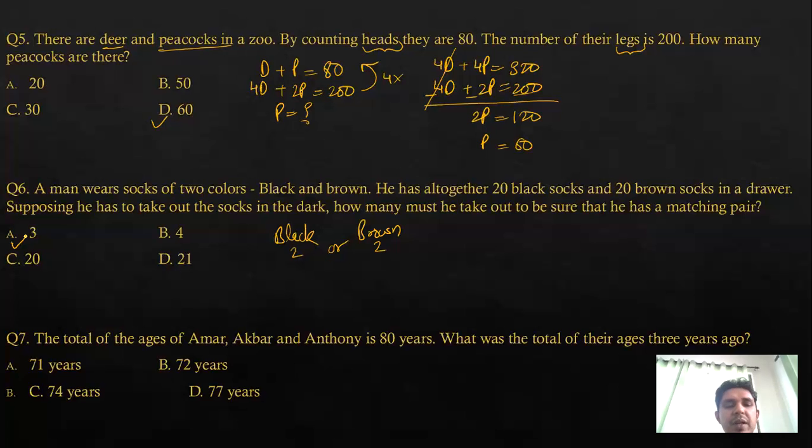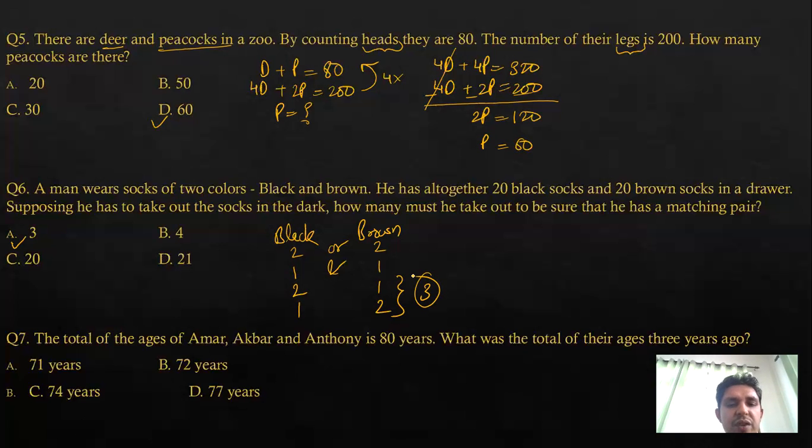Because if we pick up two socks, this can be one black and one brown, right? But if one selects three socks, this could be either two black and one brown, or two brown and one black. So the answer based on these two conditions will be 3, right? Okay, coming to the next question, question number 7.